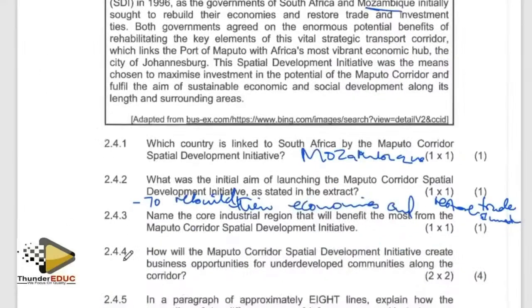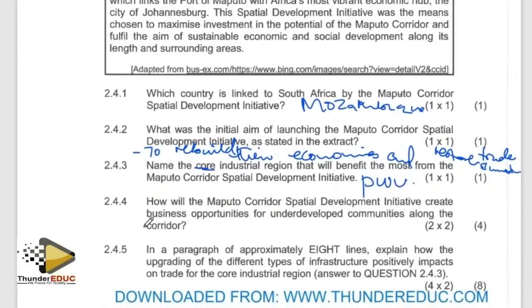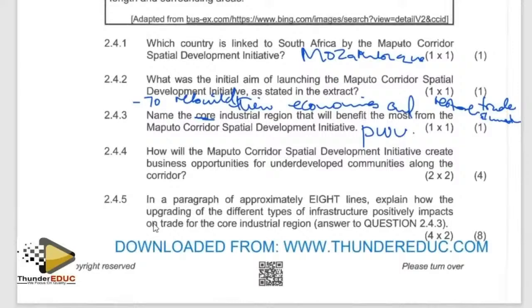Name one core industrial region that will benefit most from the Maputo corridor. Since we are talking about Johannesburg and all that, the only core industrial region is PWV, which is Pretoria, Witwatersrand, and Vereeniging. Okay, 2.4.4. How will the Maputo Spatial Development Initiative create business opportunities for underdeveloped communities along the corridor?